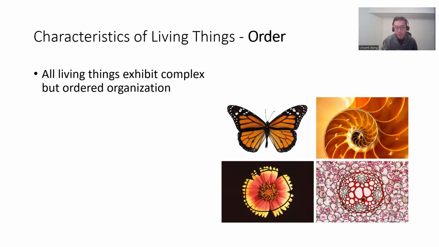The petal numbers are multiples of certain numbers depending on which kind of flowers you're looking at. And this organization is not just something that happens on the external level. If you go down all the way to the cellular level, the organization is still there.